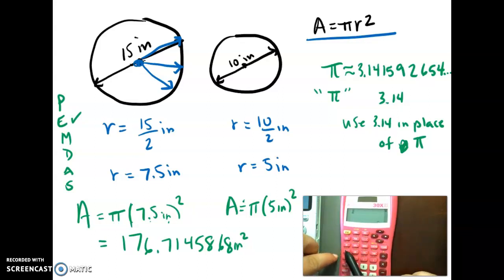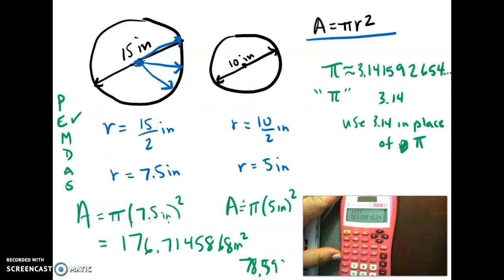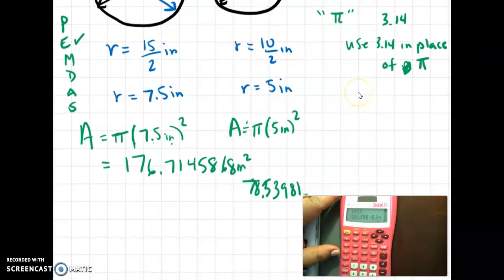I'll hit the pi button found here, and then times 5 squared, and hit enter, and I end up with 78.53981, and so on.